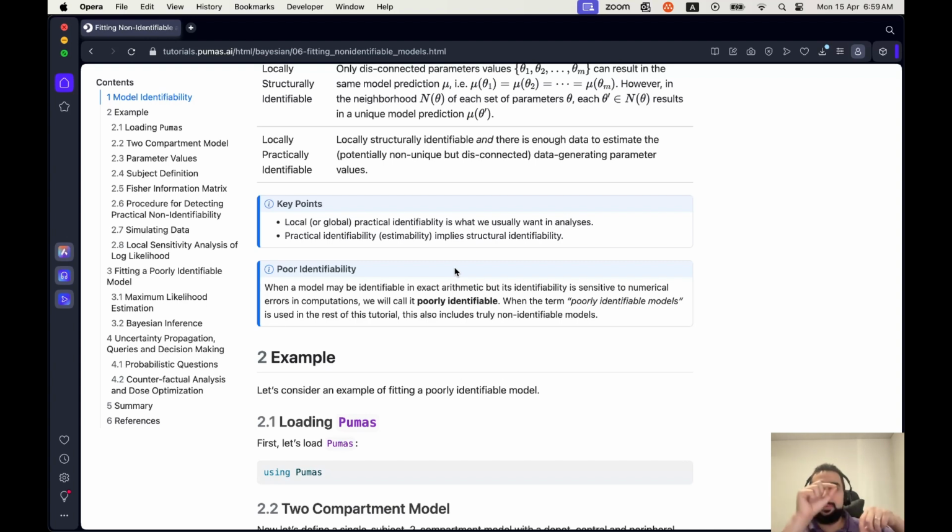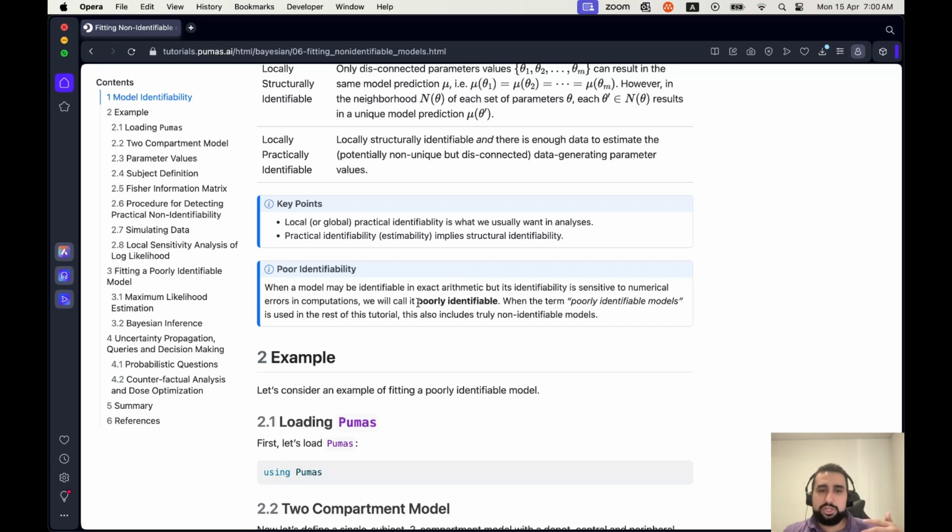So the predictions are approximately equal. I can change the parameters significantly and get very little change in the output of the model. When doing computation, it's sometimes difficult to distinguish between these 2 cases, the true non-identifiability versus the numerical or approximate non-identifiability, where the predictions are approximately equal for different parameter values.